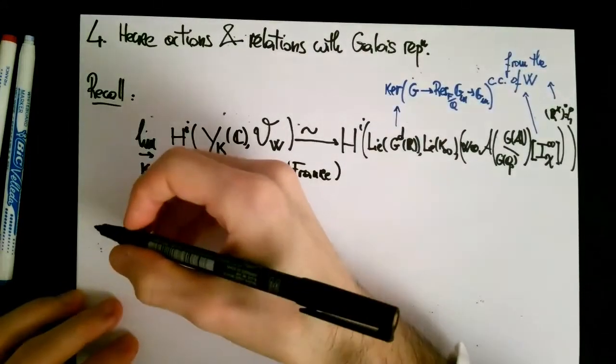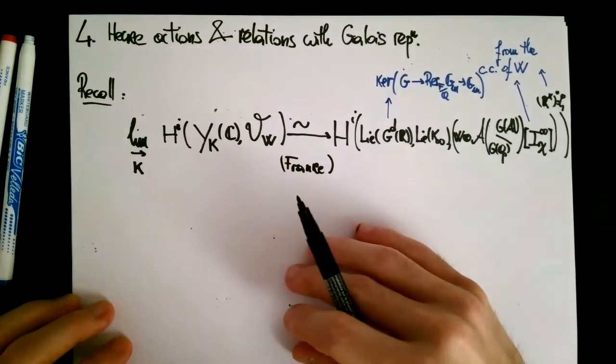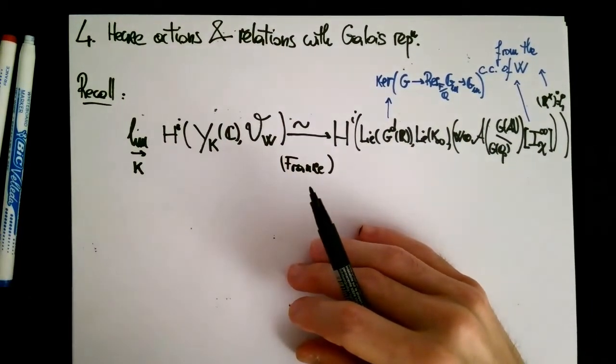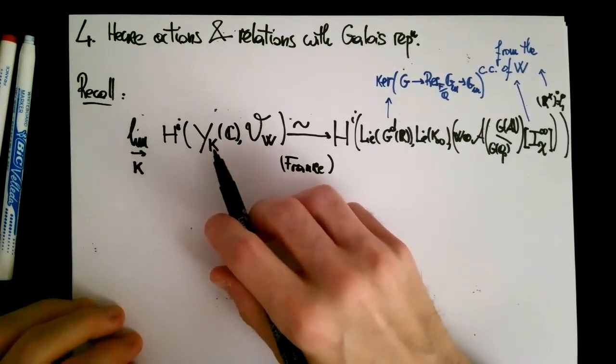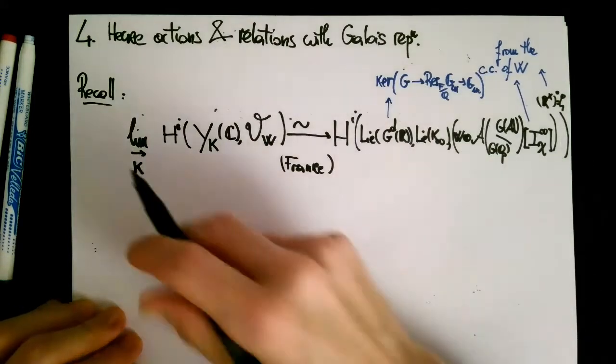So now the key point is that I can repeat all the previous construction to obtain a completed cohomology with arbitrary levels. So I can put an automorphic action.